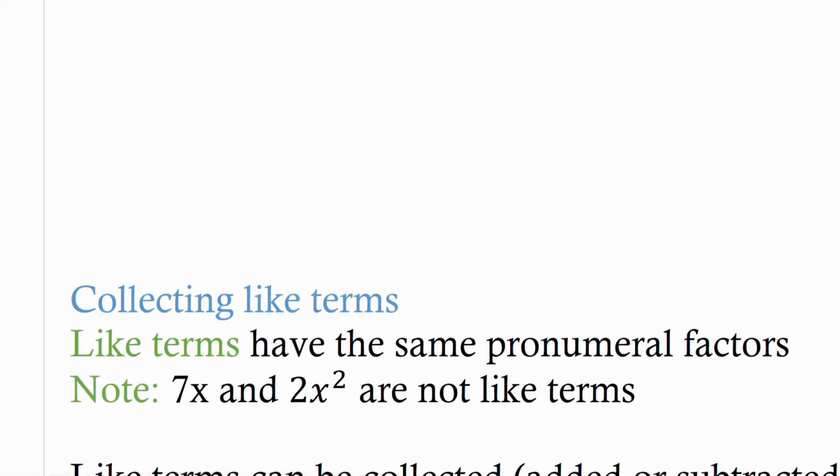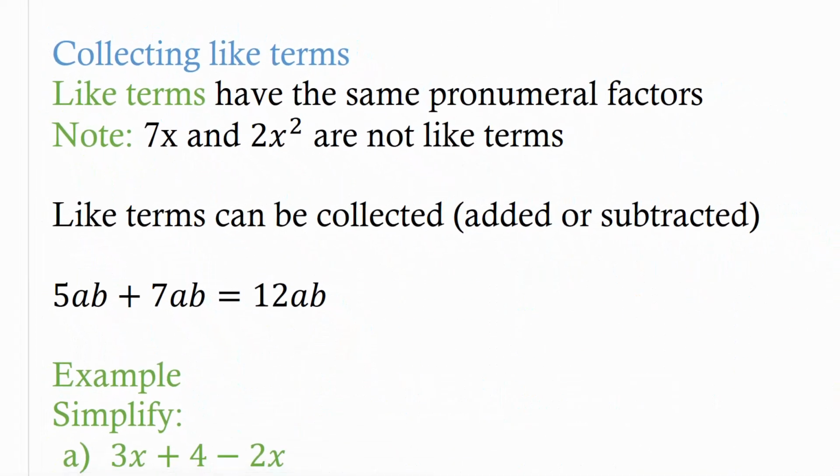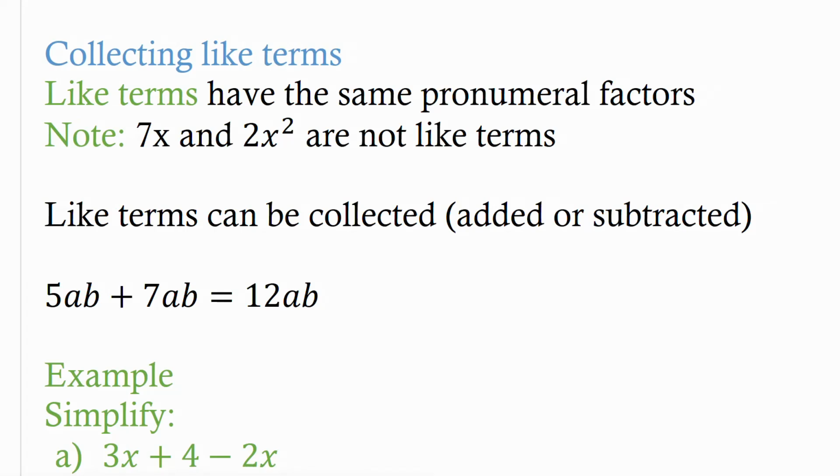Next thing we're going to look at is collecting like terms. Like terms are terms that have the same pronumeral factors involved. It's important to note when you've got powers, like 7x and 2x squared, we don't count them as like terms. They're different. These like terms can be collected, which means added or subtracted.